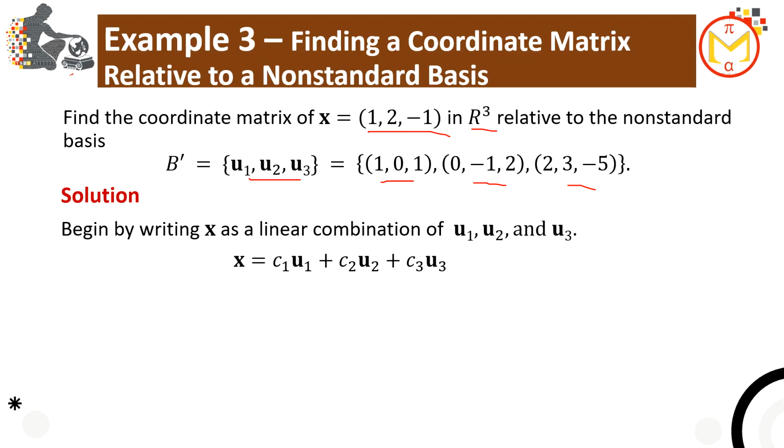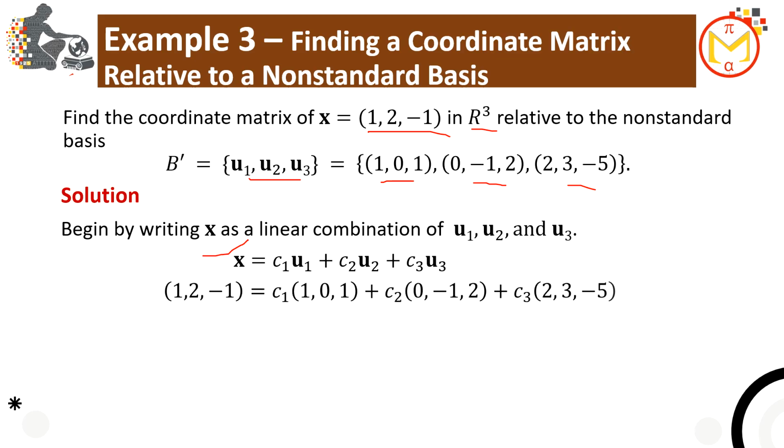Again, this is our x, and again, we are going to use the linear combination. So we have to apply C1, C2, and C3 as scalars. Then we have to solve for C1, C2, and C3.